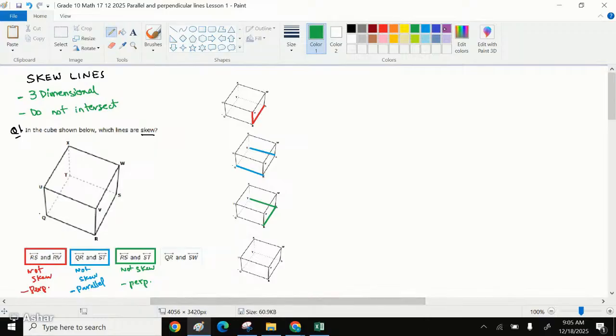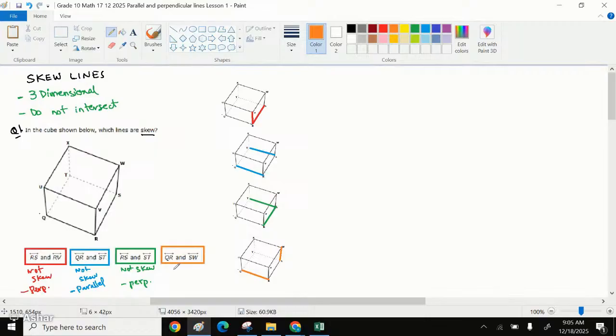In the last option, we have QR and SW. So where can we find QR? QR is here and SW is here. So we can say that these 2 lines are in the same cube, but they are in different planes and they're not intersecting.